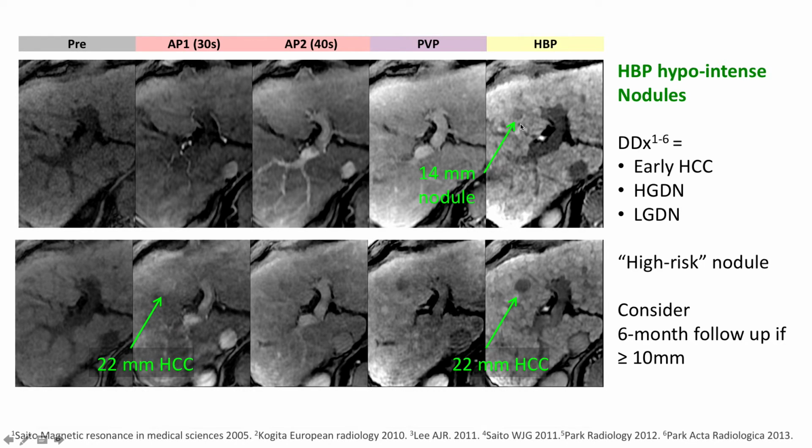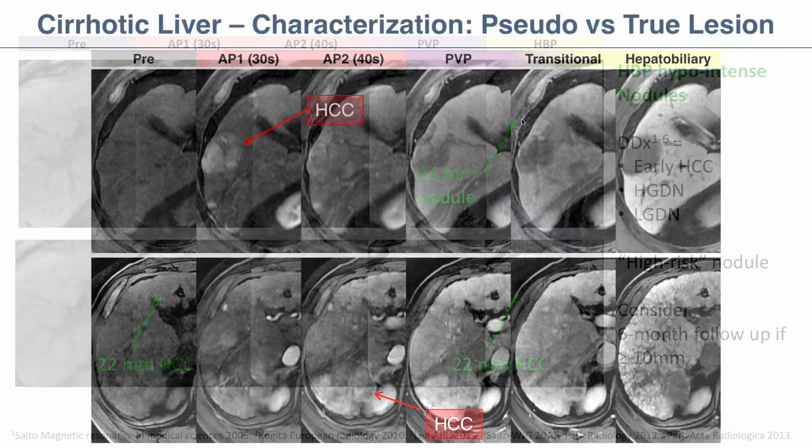We recommended a 6-month follow-up. The patient came back 9 months later, and this nodule was now hyper-enhancing and washing out, and now measured 22 millimeters. So it had gone from a high-risk nodule to meeting imaging criteria for HCC. So again, in the United States, we tend to follow these things. In parts of Asia, they might actually resect this. And so detecting those things is very important.